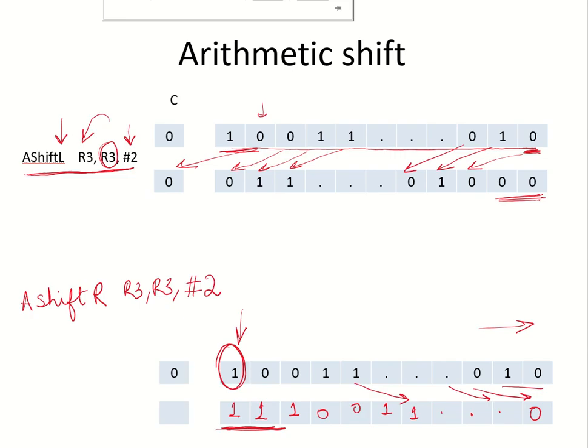Had this bit been 0, the vacated bits would have been replaced by zeros. So while doing arithmetic shifts, we have to take care of the sign of the operand that is being operated upon. Since this was a negative number, it has to be replaced by 1s over here in the vacated bits.